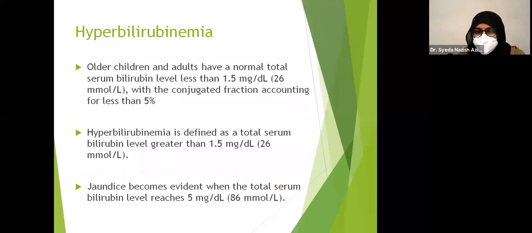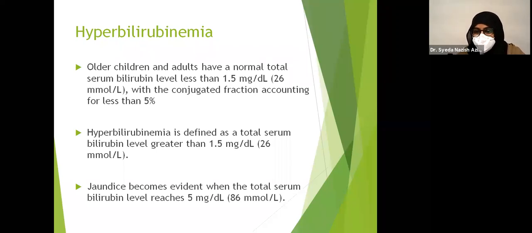In older children and adults, the normal cutoff limit for the total bilirubin level is 1.5 milligram per deciliter, which in millimoles is 26 millimole per liter. And the conjugated fraction should always be less than 5% of the total serum bilirubin level. So we define hyperbilirubinemia when the total serum bilirubin level exceeds 1.5 milligram per deciliter.